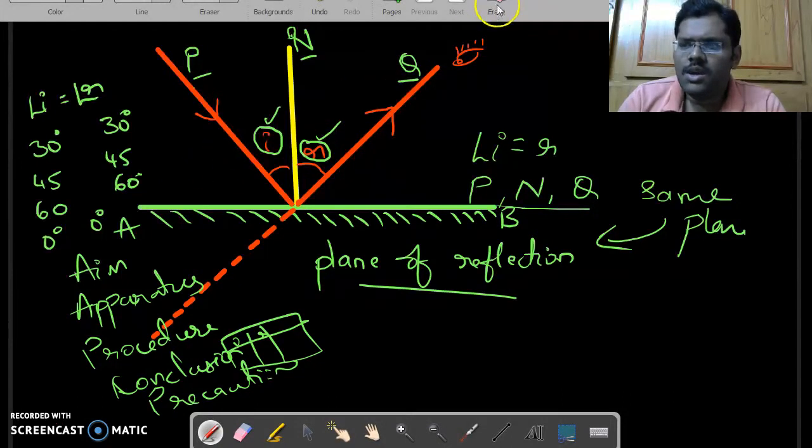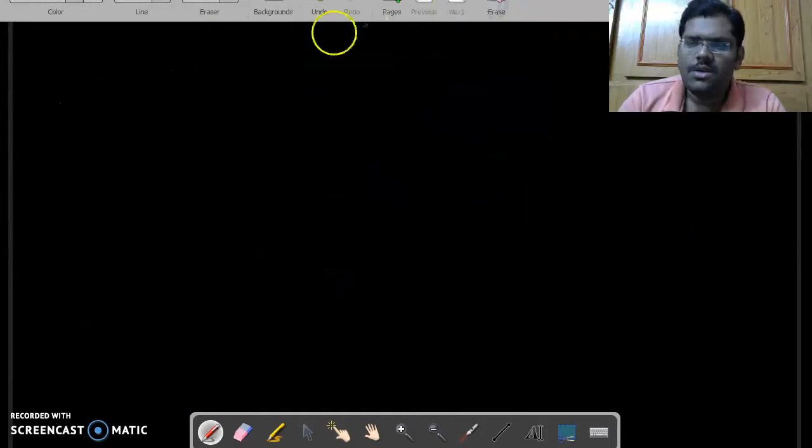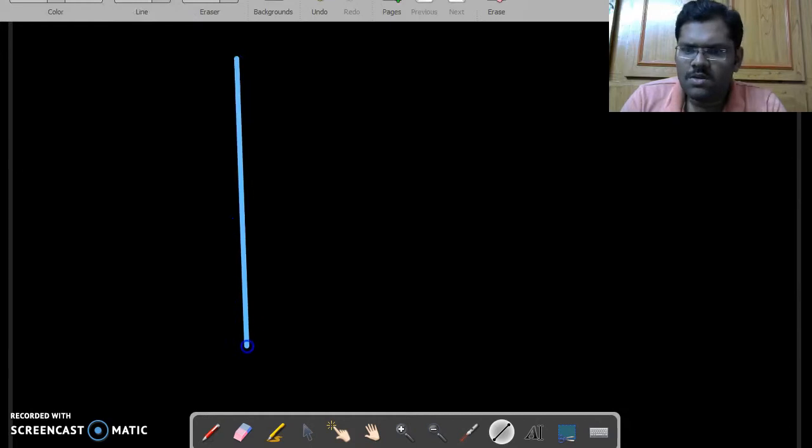Now next, consider a plane mirror. So this is a plane mirror.